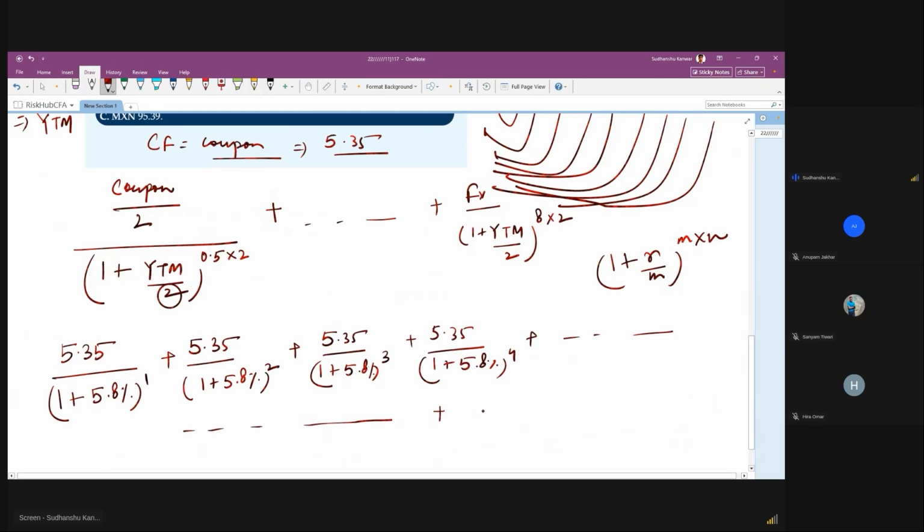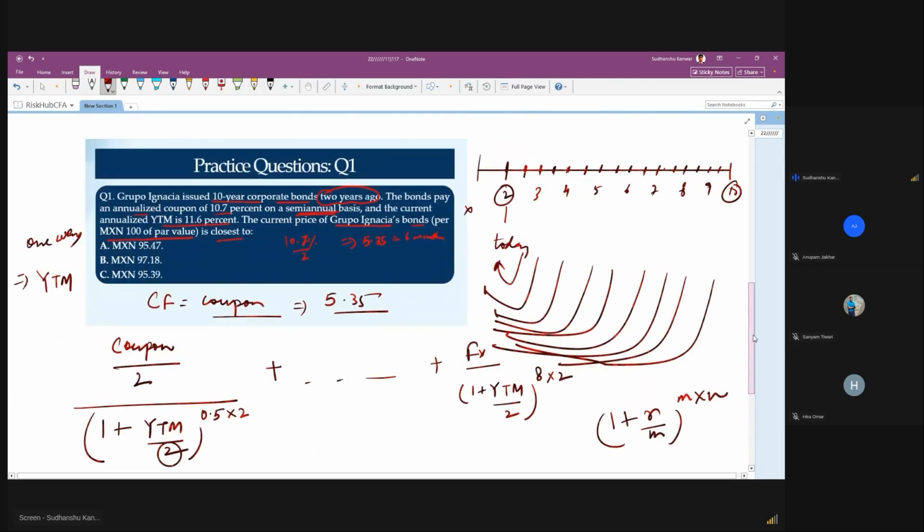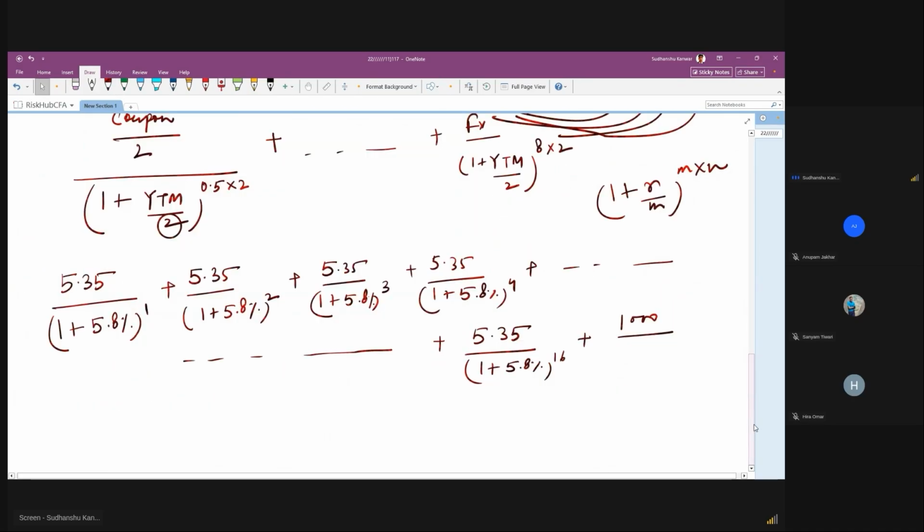The last one, if you want to separate it, is 5.35 plus the face value over 1 plus 5.8% raised to power 16. The face value here will be 100 of par value. This is my equation, guys.